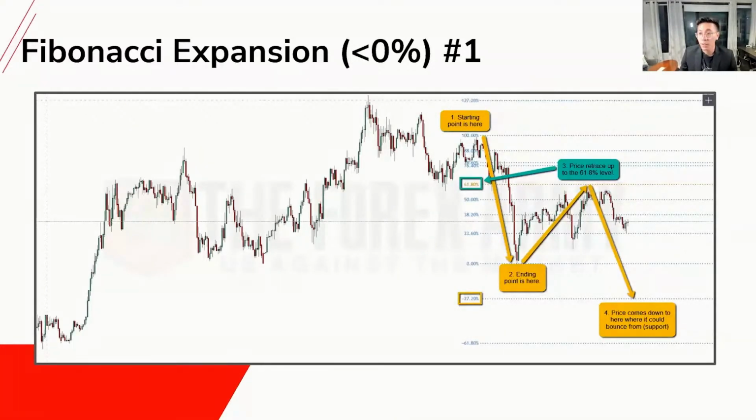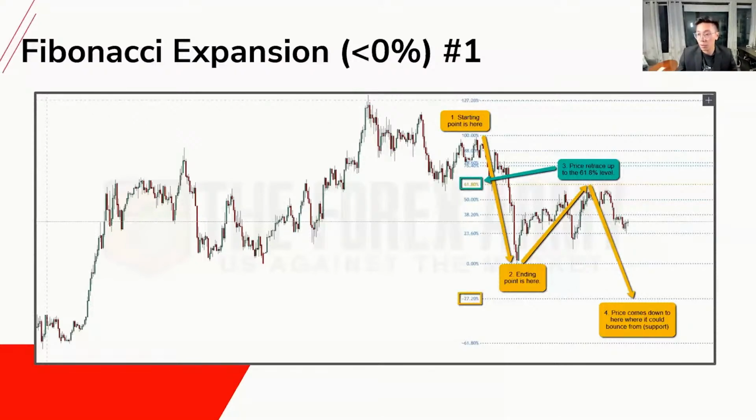So the first example of the Fib expansion: your starting point is here, and your ending point is this swing low right here. Price actually retraced up to the 61.8% level. So that's the criteria. Remember, the criteria is to retrace at least 50%, right?